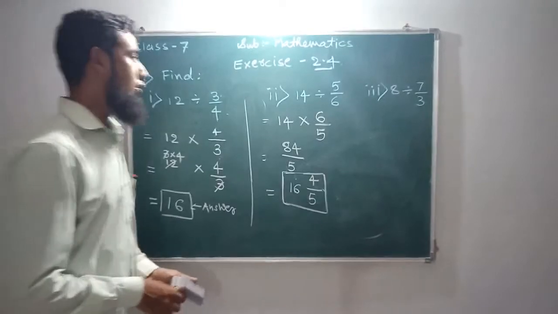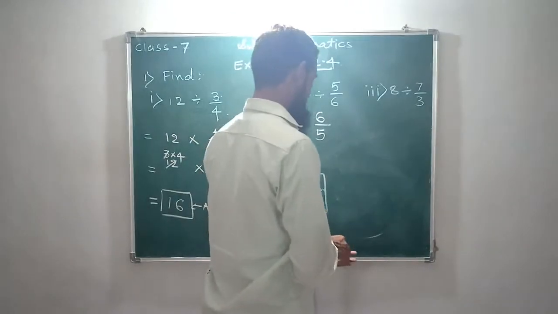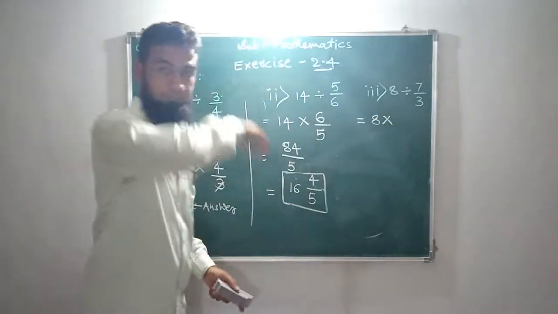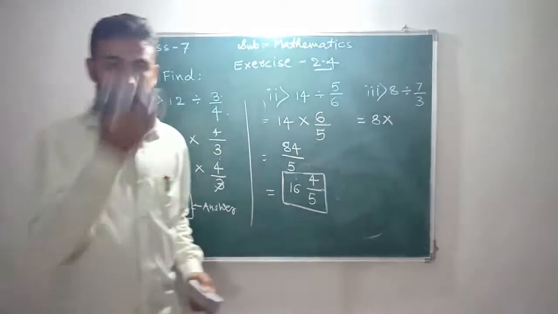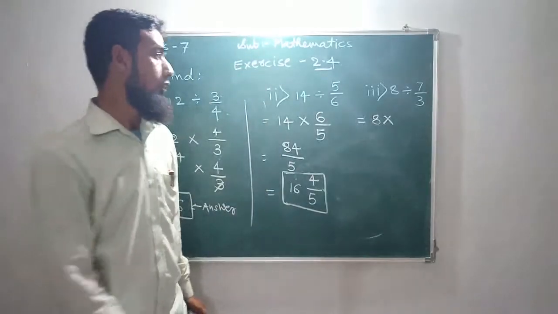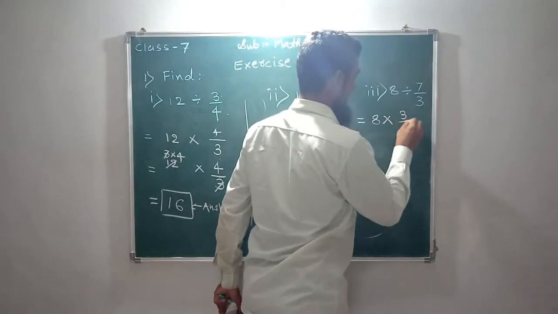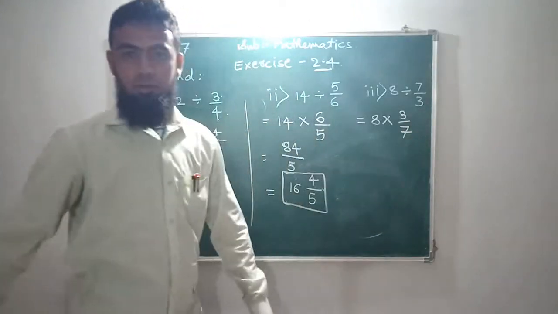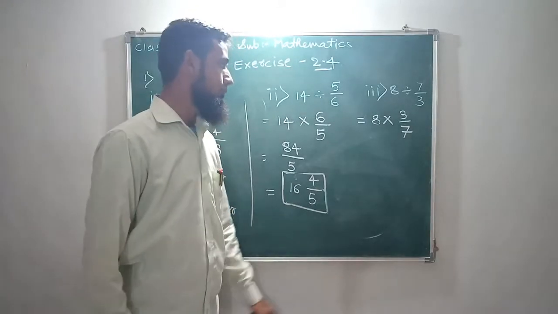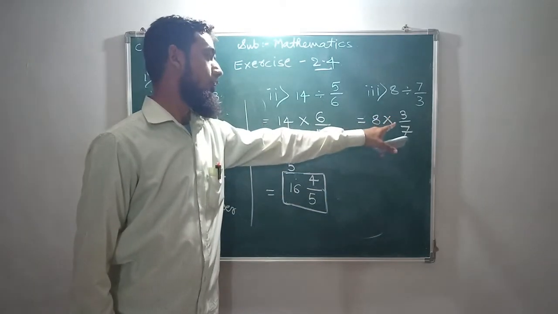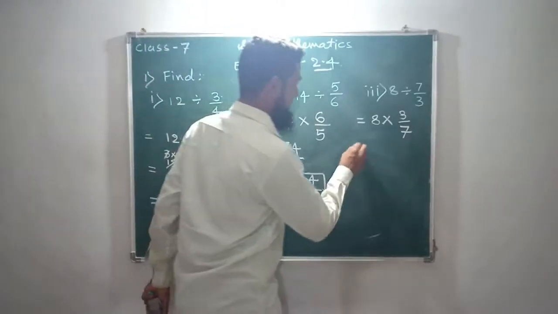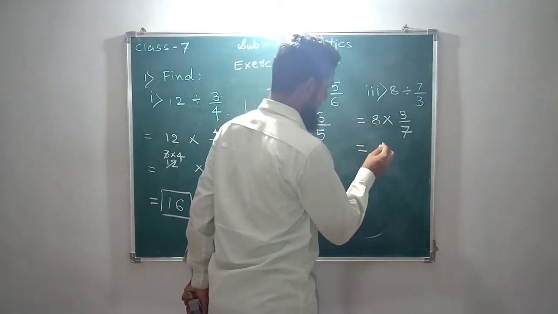Now we will move on to the third question. So 8 divided by 3 upon 7. Tell me what we have to do. We will convert division to multiplication symbol. So 7 upon 3. You know very well, while converting division to multiplication symbol, we change places from numerator to denominator and denominator to numerator. Here try to reduce, but it is not possible.